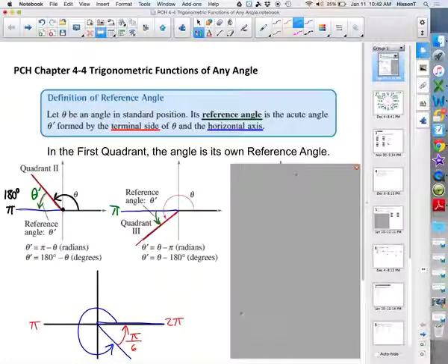So in this case, what you're looking for when you're trying to find your reference angle is how much past pi did we go? So again, there we have subtraction, but in this case, you're taking your angle and you're subtracting the pi to figure out what this difference is. How much further did we end up going? Okay, so that's theta minus pi, or theta minus 180.